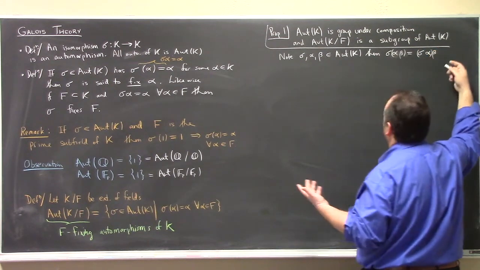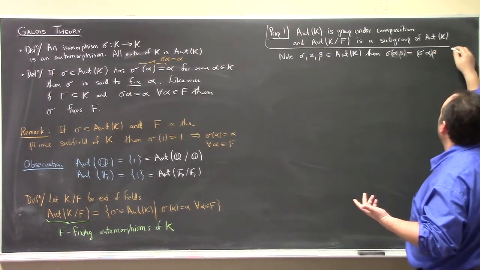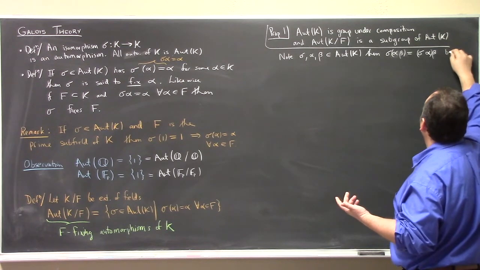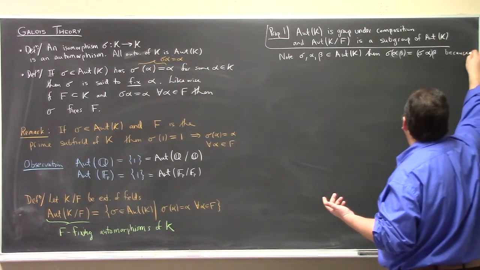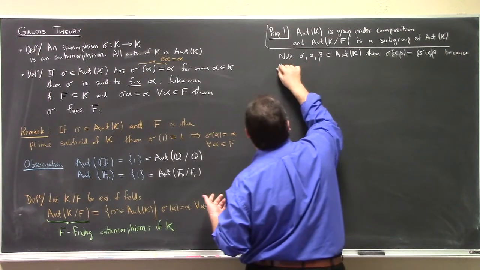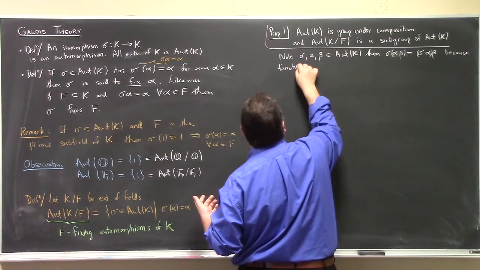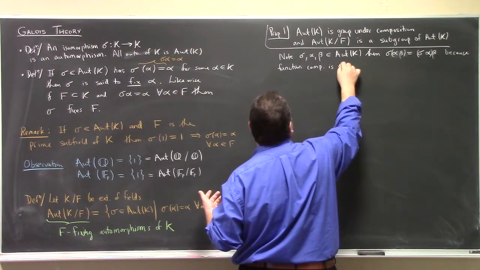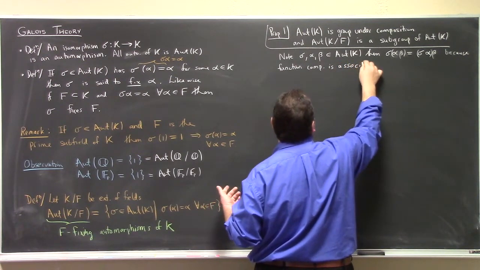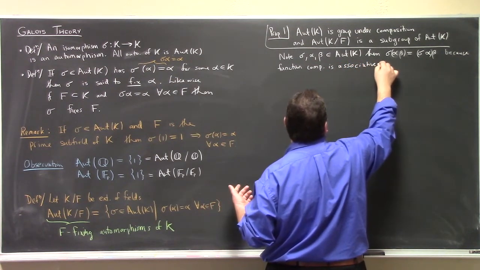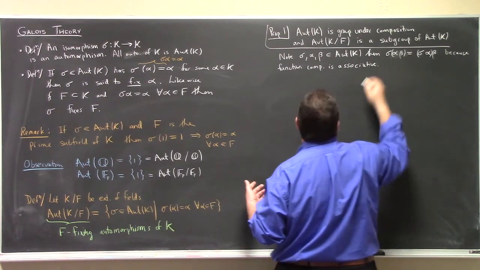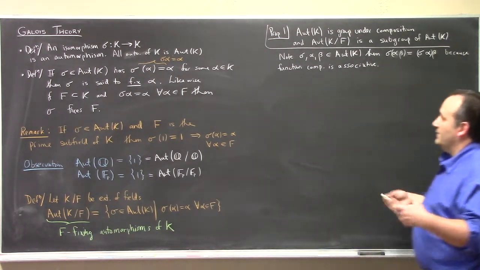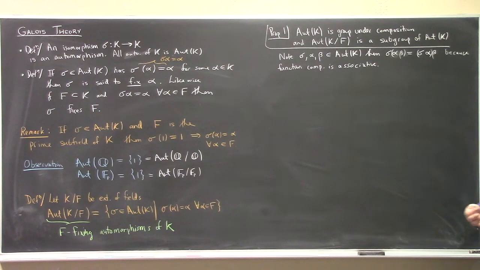In other words, why is this true? Because function composition is associative, right? And sigma, alpha, and beta are all functions from K to K.